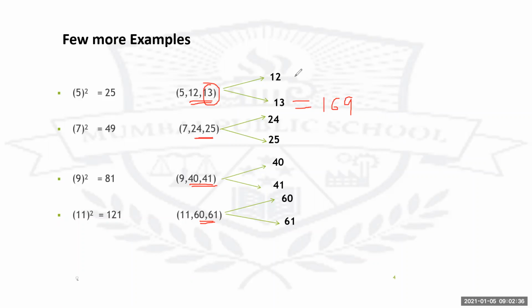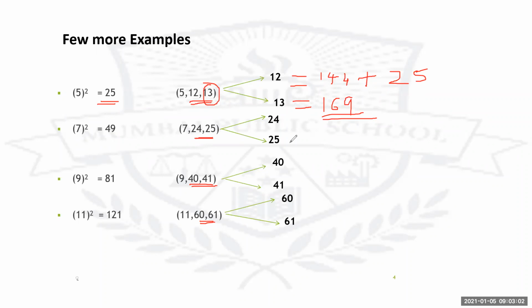Square of 12 is 144. Just for an example, see, 144 plus 25. 5 square is what? 25, already given. So 144 plus 25, what will you get? You get 169.